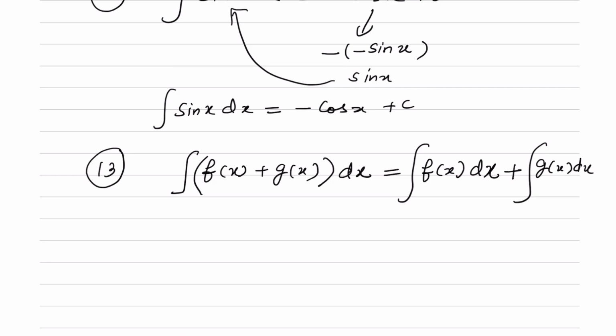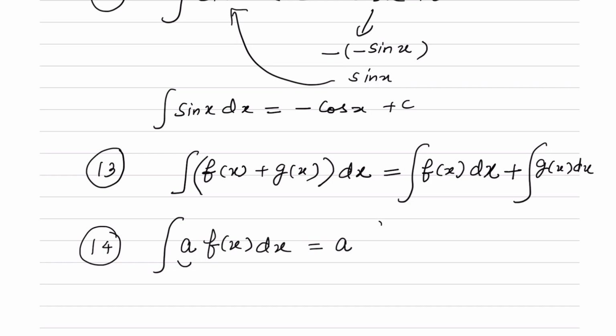So you can separately write these functions. And if you have a constant being multiplied with a function and then you have to integrate that function with respect to x, then what you can do is take the constant out of the integral sign and then integrate f of x with respect to x.